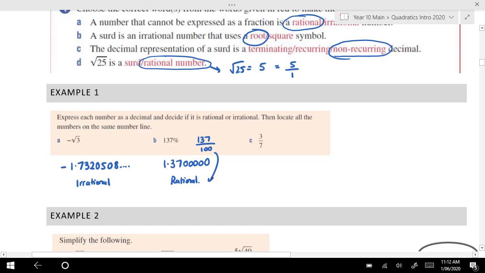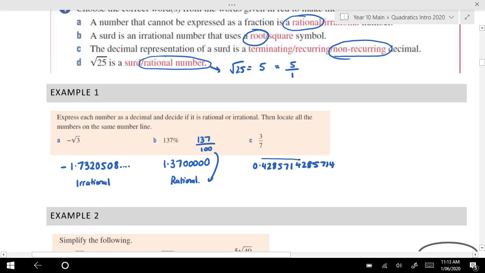3 over 7, well, rational means that it can be expressed as a fraction, so that's 0.428, etc. But what you notice is, if you put this in the calculator, 0.428571, and then 4285714, you can see there that it's repeating.